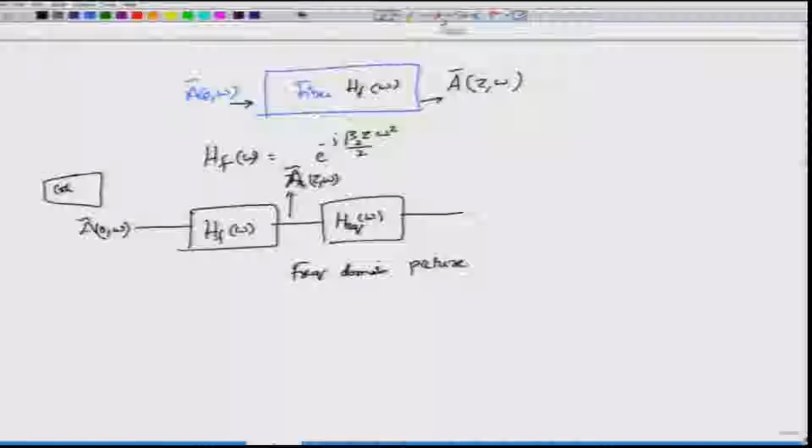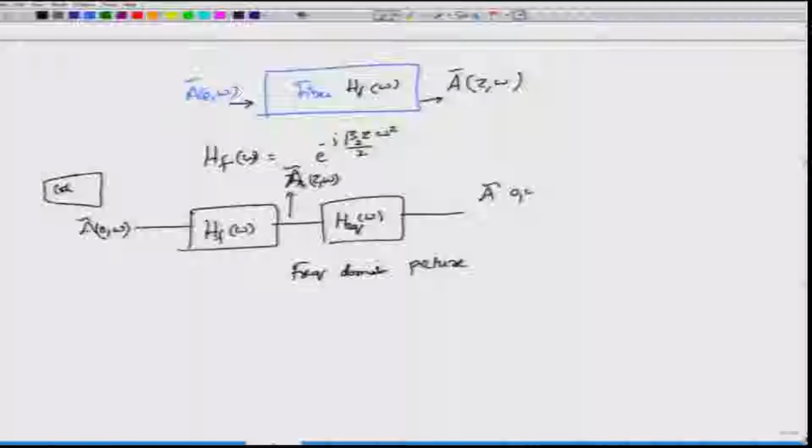What you now do is pass it through a different filter, imagining that you are doing everything in the analog domain. This received signal, which would be some photocurrent varying as a function of A(z, omega), will have to pass through a filter such that the output would be A(0, omega) again.